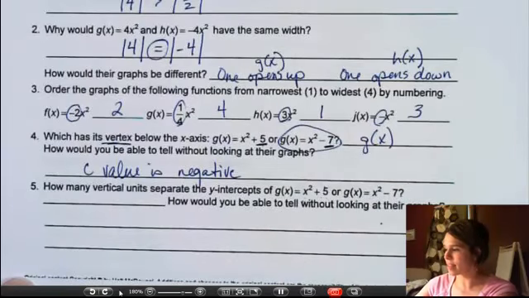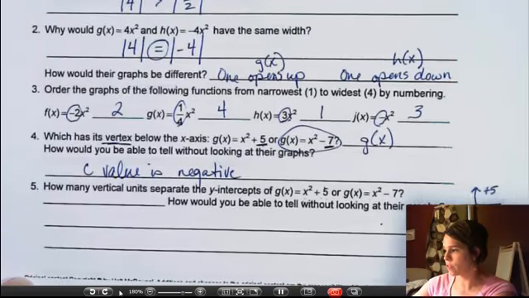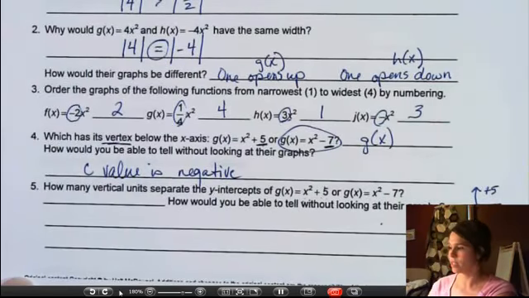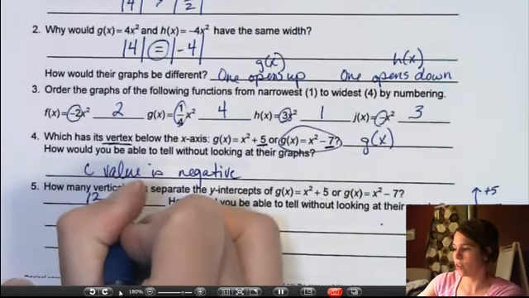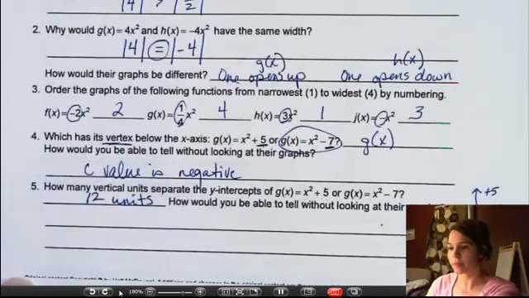So I can think of this, you know, here's my x-axis, my parent function, I've shifted it up 5, and the next one I've shifted down 7. What's the difference between positive 5 and negative 7? And notice I said difference, so I could just subtract them, but I could just look on the number line or the y-axis and find how far it is from 5 to negative 7, and that is 12 units.